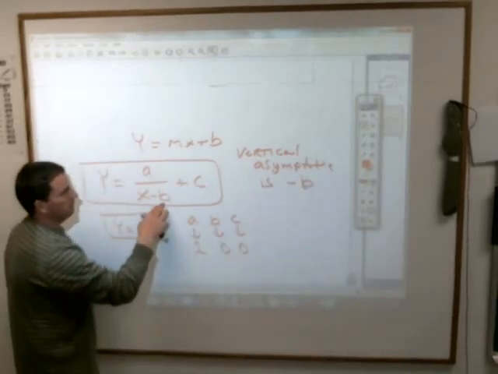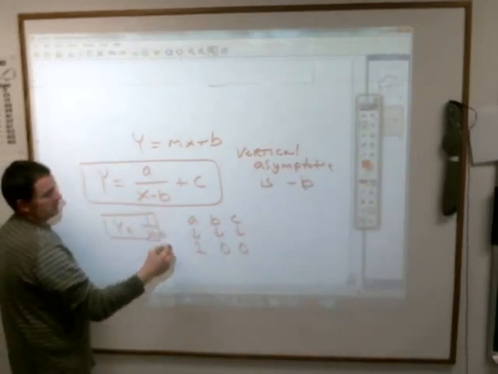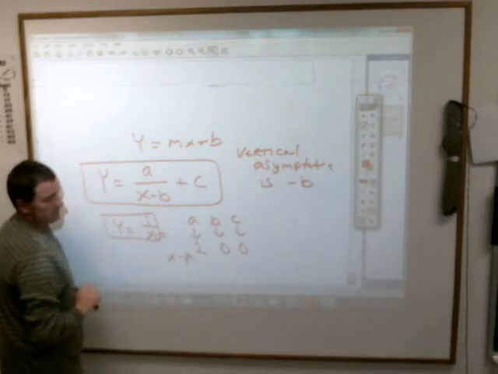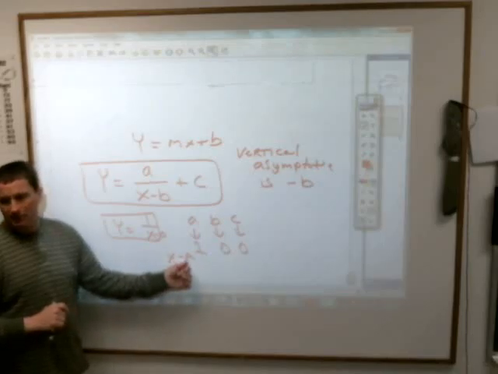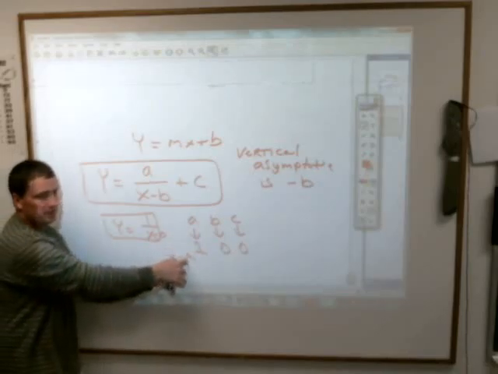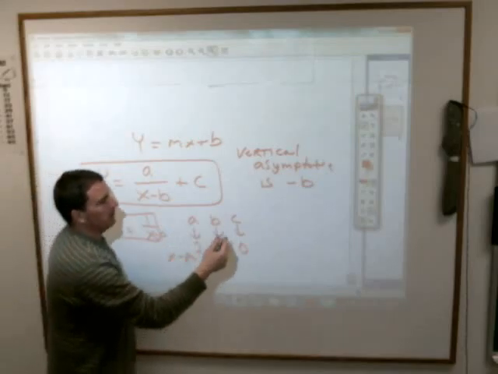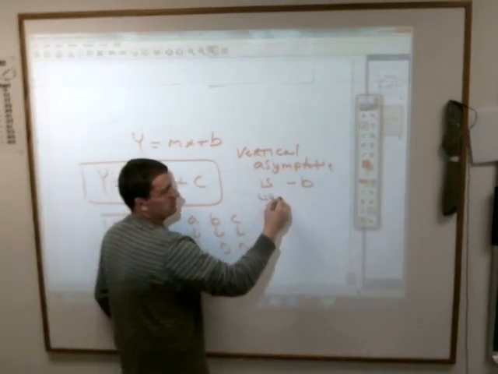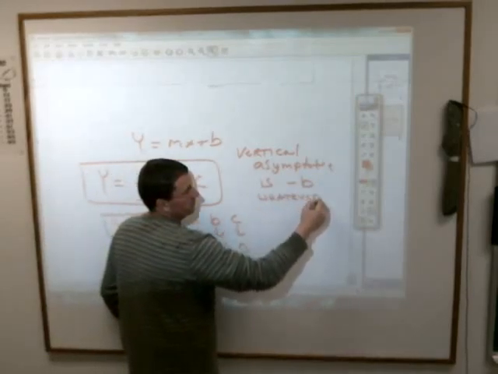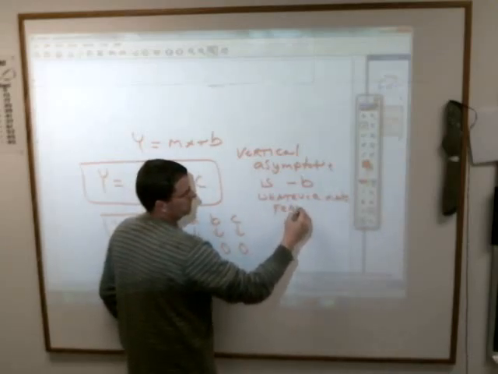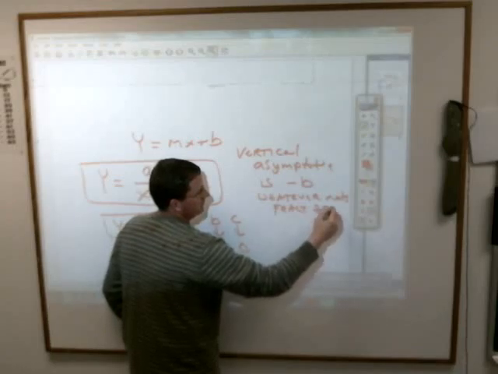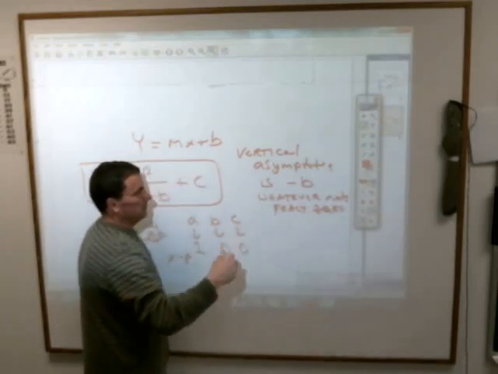Because in the last one, it was x minus 8, so b is negative 8, and the opposite of that is 8. It has to be the opposite of the letter b. Just think about it as whatever makes the bottom of the fraction 0. And when we do the examples, it'll all come up.